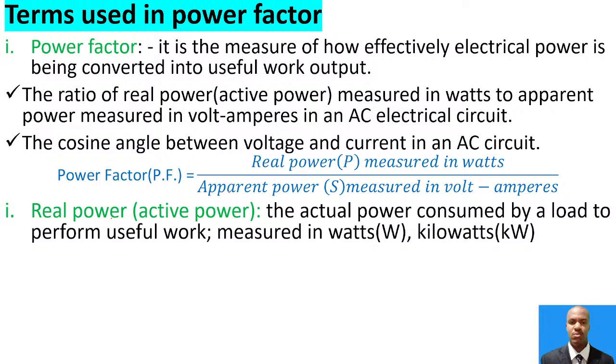Then the other term is real power. When we hear the word real power, it simply refers to the active power, which in simple words is the actual power consumed by the load when that load is performing useful work.